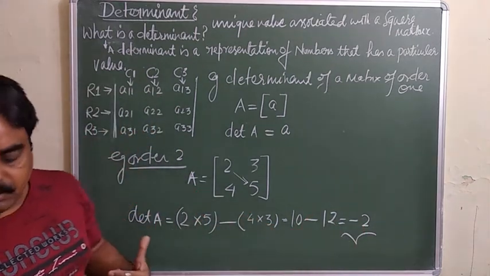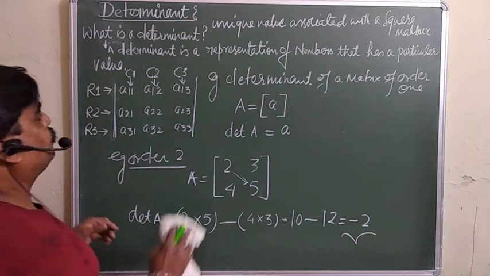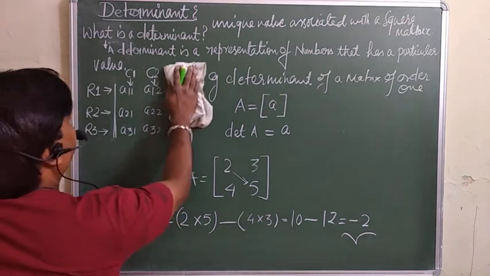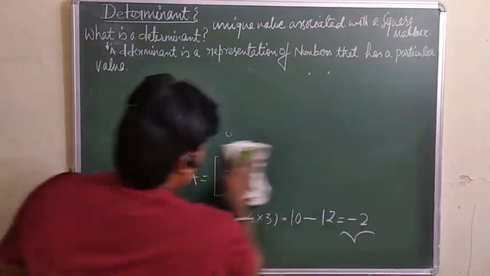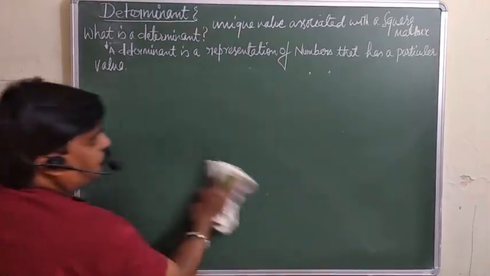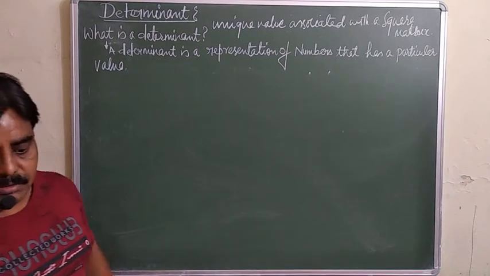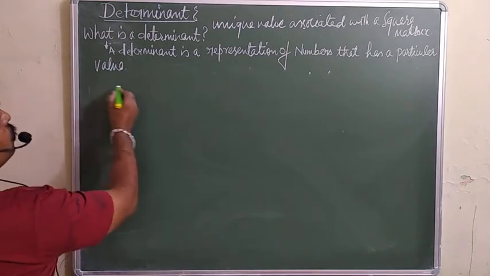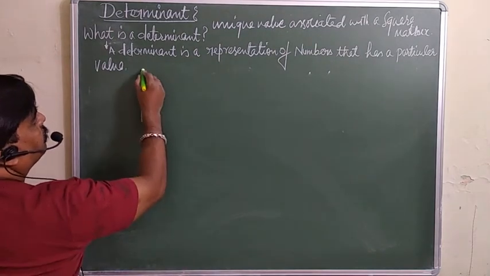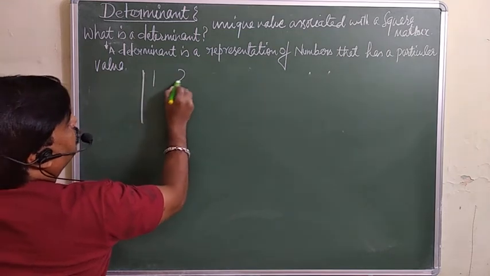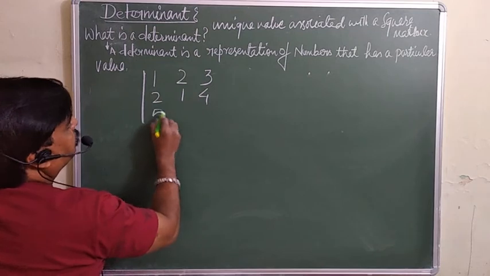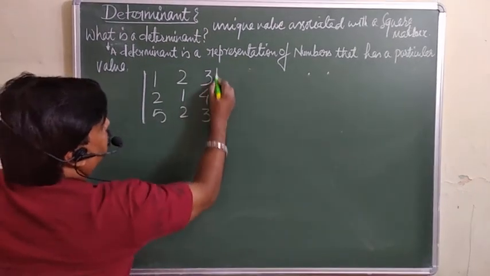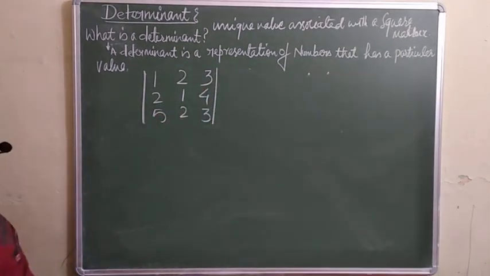Similarly, we can take the determinant for a 3 by 3 matrix. I am taking one example here. How can we find the determinant of that matrix? Suppose we take the elements 1, 2, 3, 2, 1, 4, and you want to find the determinant of this.